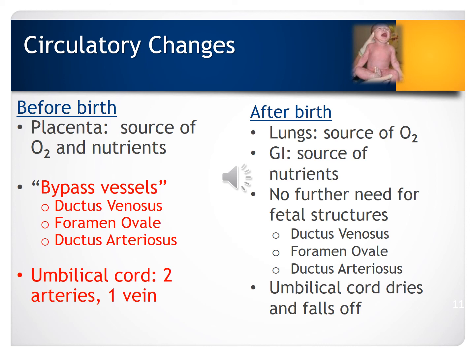So I've provided two very detailed videos with visuals, about 10 to 13 minutes each, discussing fetal circulation before birth, in utero, and the adaptations and changes that occur to the newborn circulation after birth.